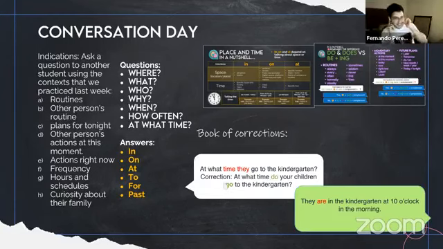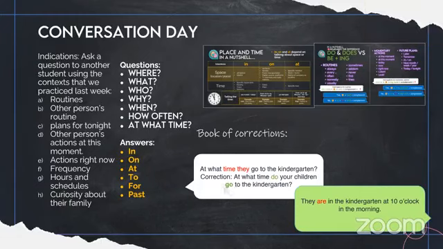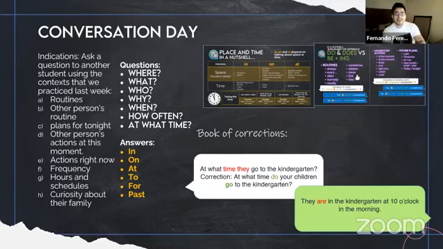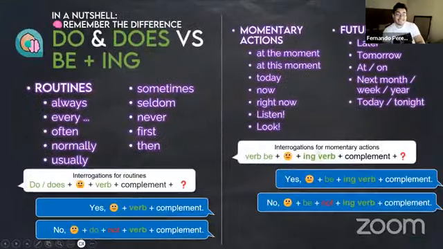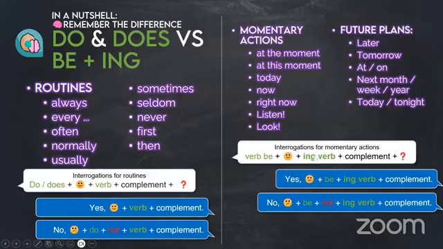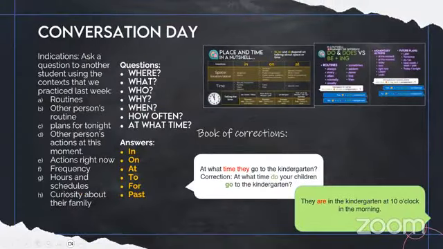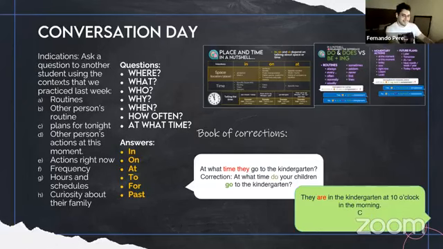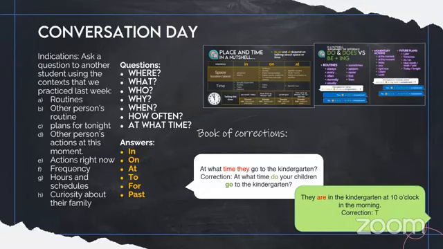Again, repeat, pay attention. Transportation is they going. Be careful. Going is ing. Ing is in this moment. They go. Perfect. So correction. They go. There you go.